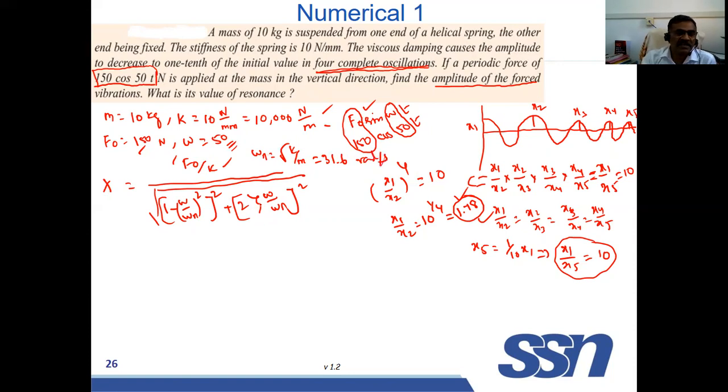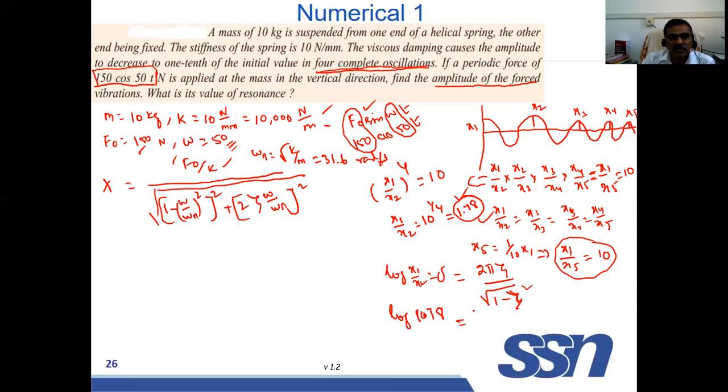We don't have the value of psi. That we have to calculate. We know log x1 by x2 is equal to delta, that is equal to 2 pi psi divided by root of 1 minus psi square. Here what is delta? Delta is equal to log 10 of 1.78, that is delta.